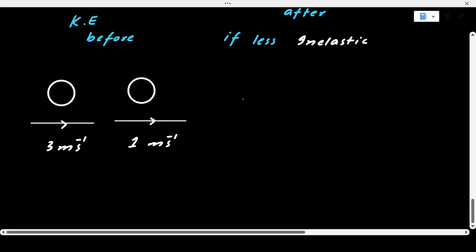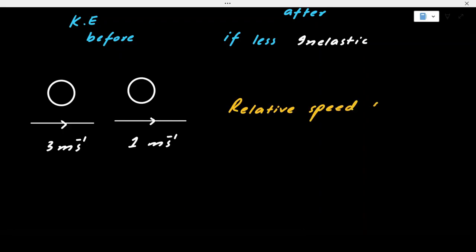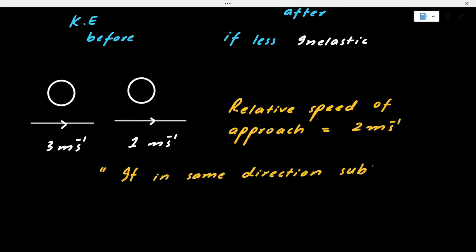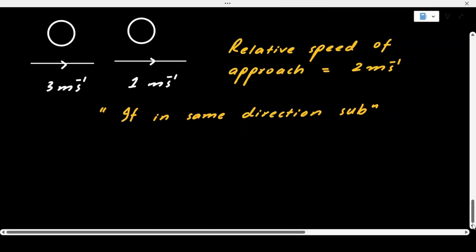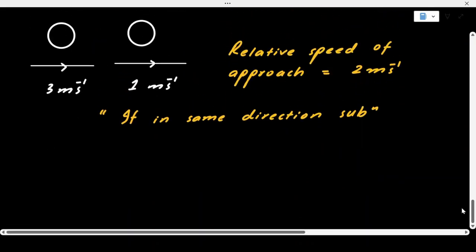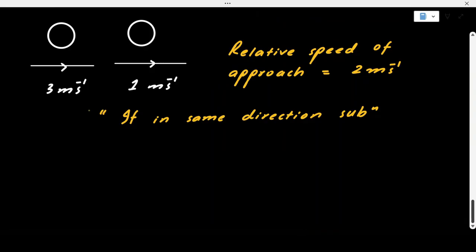So the relative speed of approach. And if in the opposite direction, I don't need to draw it. We don't have enough time. If they're in the opposite direction, add the relative speeds.